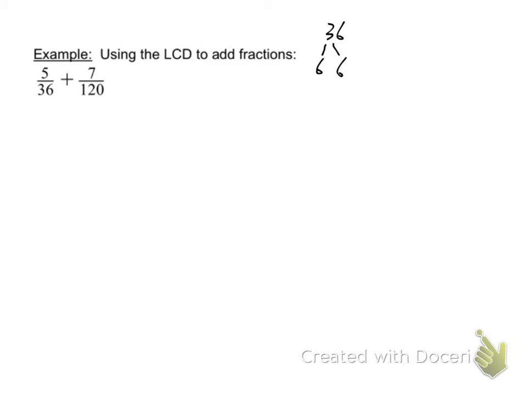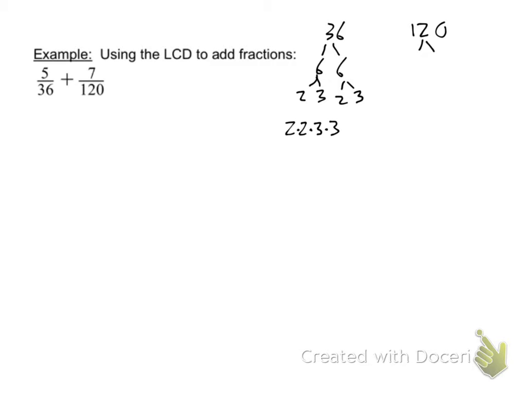36 is 6 and 6, 2 and 3, 2 and 3, yes? Yes. So that means it's 2, 2, 3, 3. Okay, so we know we have 2 2's and 2 3's. And the other one was 120.